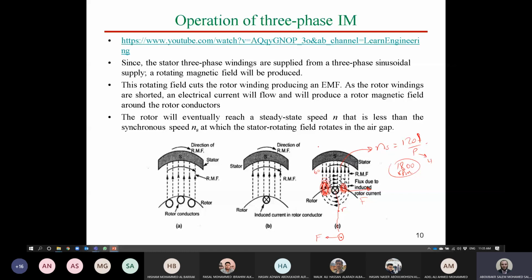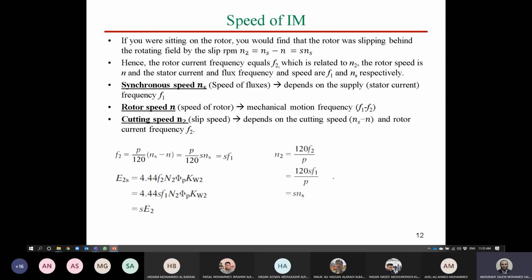So if you are measuring from the stationary part here, you will see the flux of the rotor is moving at the same synchronous speed. So for that, we can say that all machine fluxes, stator or rotor flux, are moving with the synchronous speed.